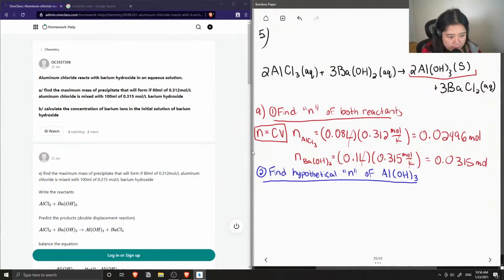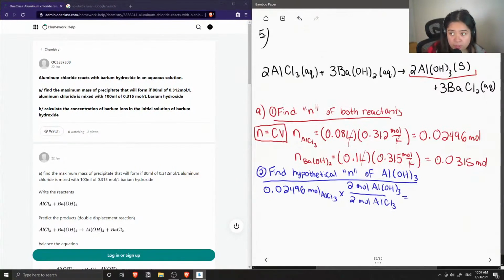So if we had 0.02496 moles of aluminum chloride, and all of it reacts to form our product, aluminum hydroxide, then we know that we produced 2 moles of aluminum hydroxide for every 2 moles of aluminum chloride.